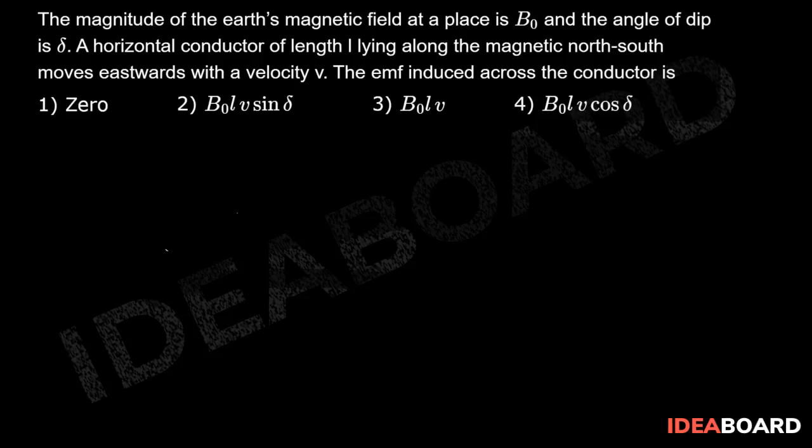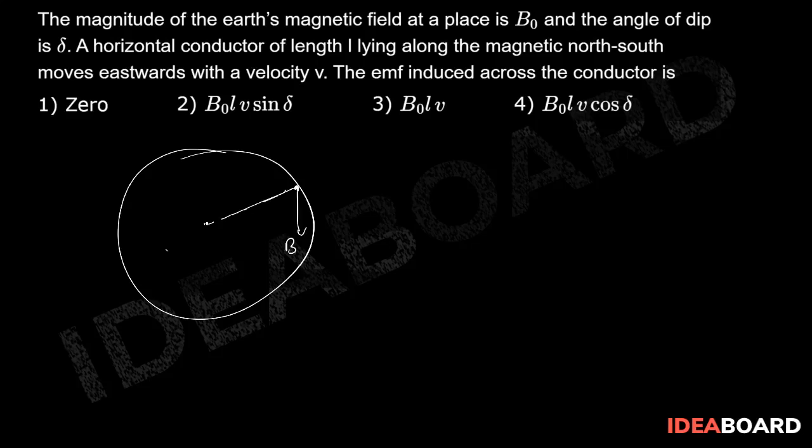So suppose we have Earth like this, and this is the center of Earth, and at any point, let's say at this point, the magnetic field is B, as given in the question which is B naught. So what is angle of dip?